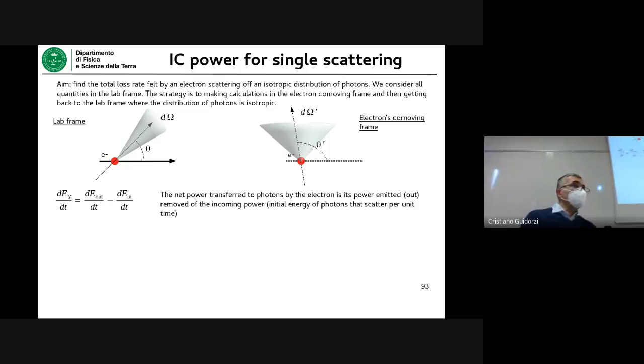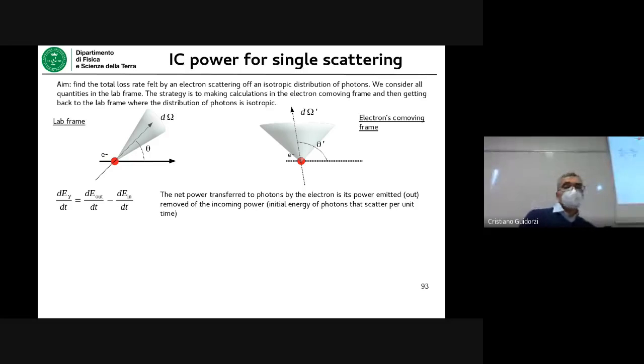The initial energy of the photon is something that they already had before the scattering, but you want here to calculate just the energy lost by the electron. So we calculate all the energy of the upscattered photon minus their initial energy, and all this per unit time, of course.